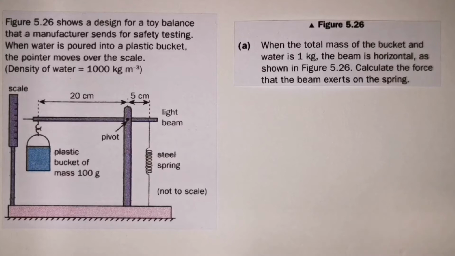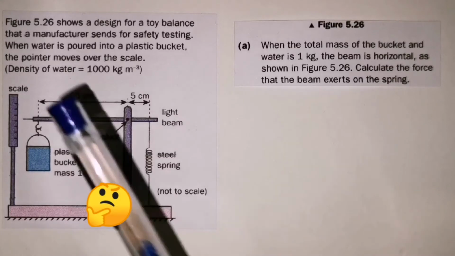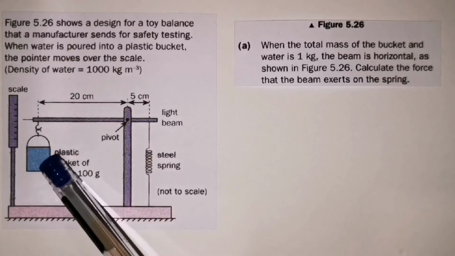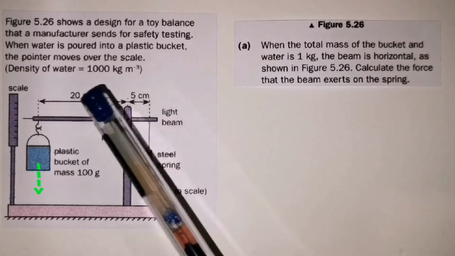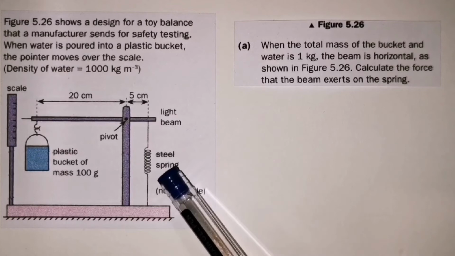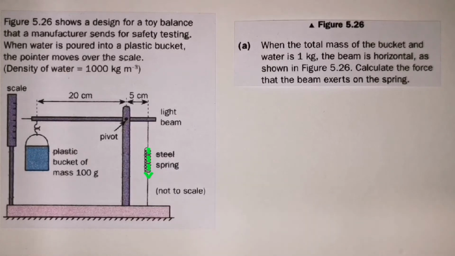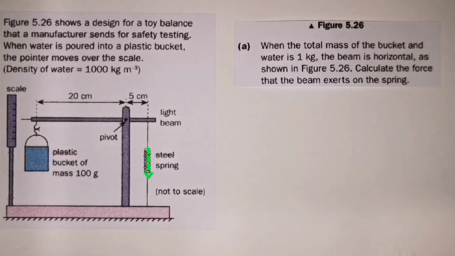If we look closely at the diagram, there is a force here, the bucket, a downward force. There's the distance, this is also a distance, and this is also a force on the spring. So straight away you will know it is principle of moment. So what is principle of moment?